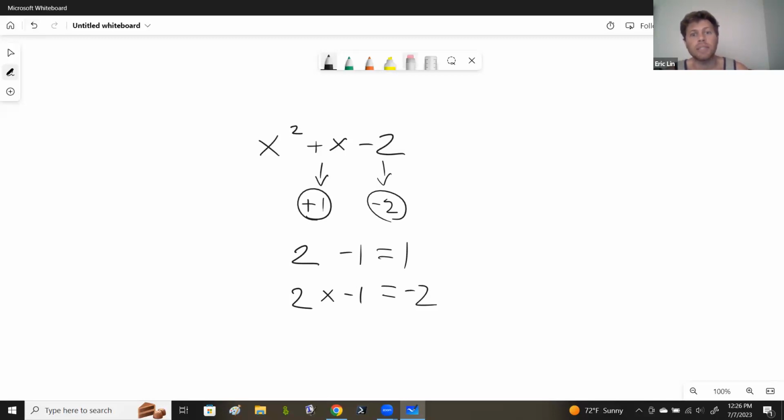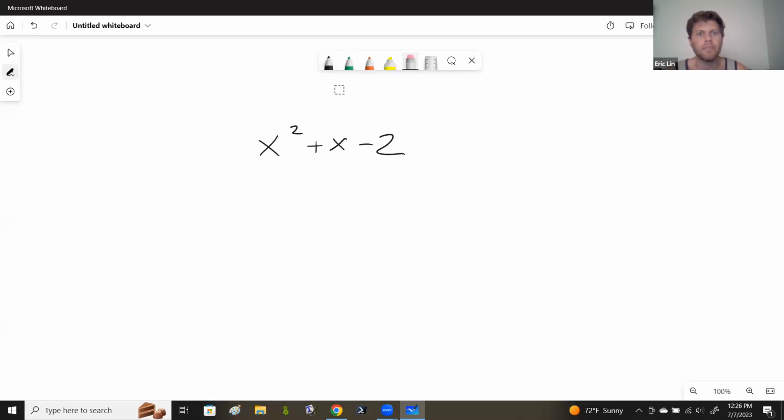This follows basically what I was saying before: we know the positive number is bigger, and we have one positive and one negative. So this gives us our factored form. We end up with x plus 2, x minus 1, just like that.